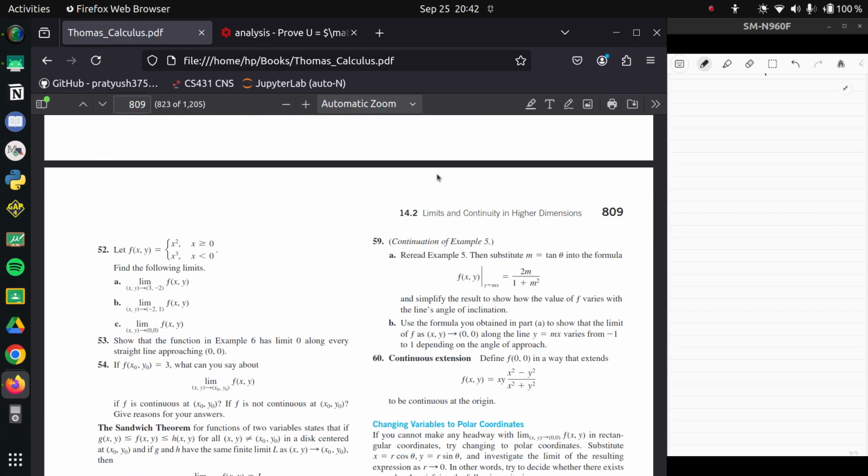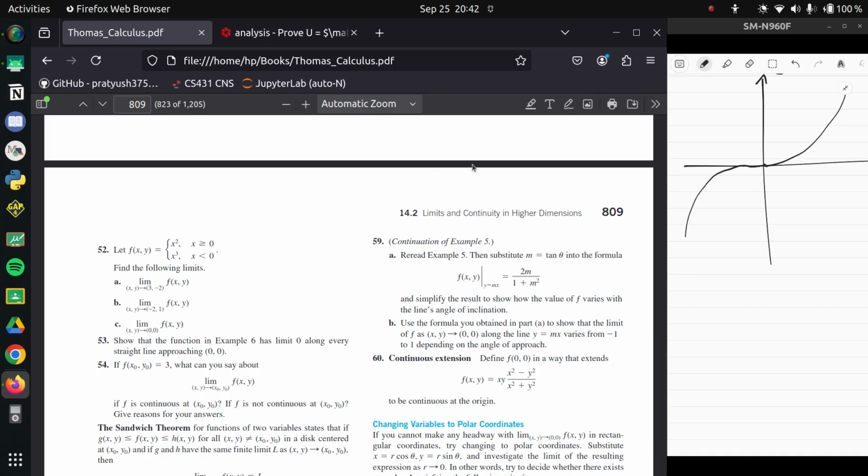x square, x cube, find the following limit. Okay, so it's just the usual stuff. For x bigger than or equal to 0, it's x square, the z coordinate, and then it's x cube when x is less than 0, something like that.